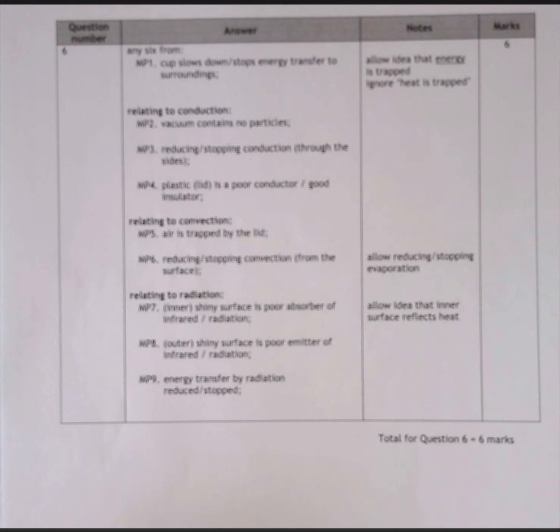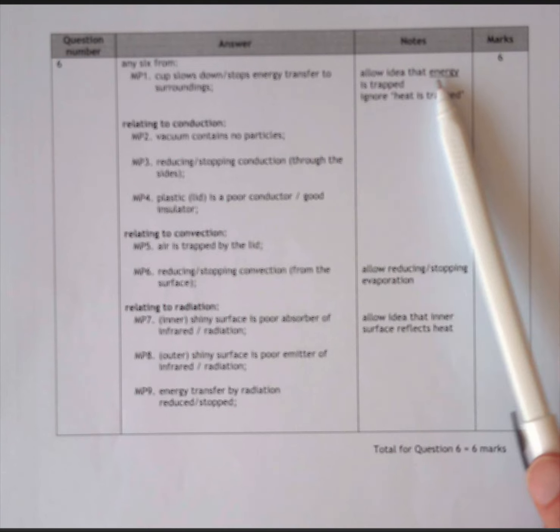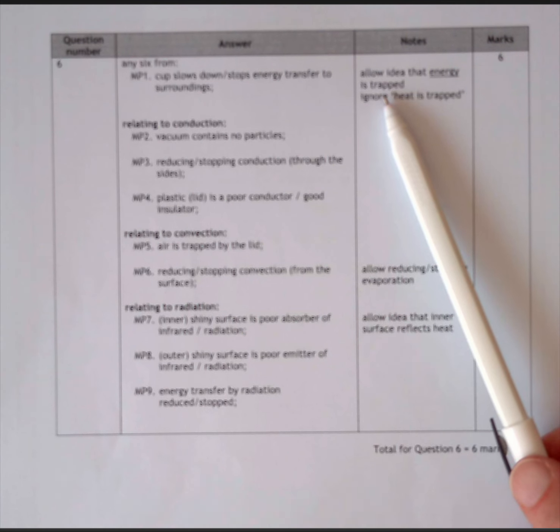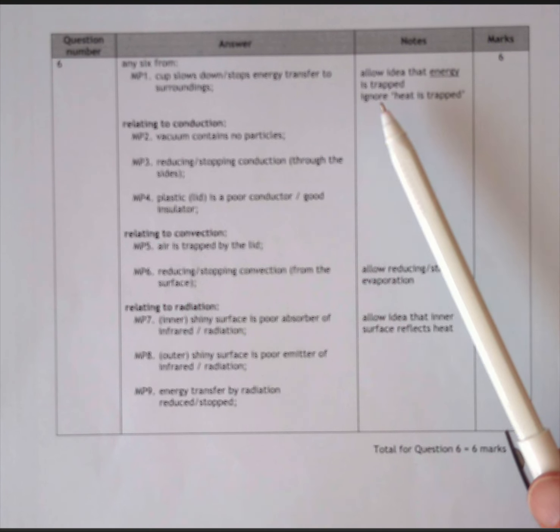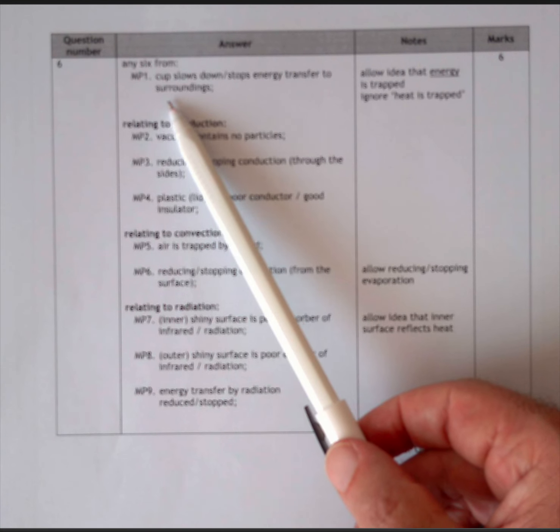The best way to do that is to look at what they're giving marks for. Any 6 from these, they're giving 9 ways of getting the marks. First, the idea that energy is trapped inside the well-sealed cup, as the cup slows down or stops the energy transfer to the surroundings.